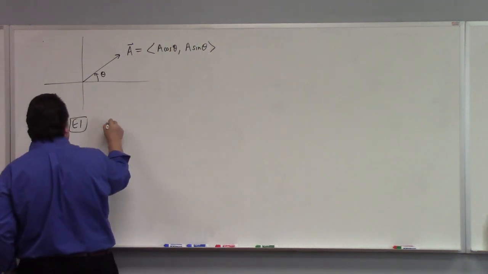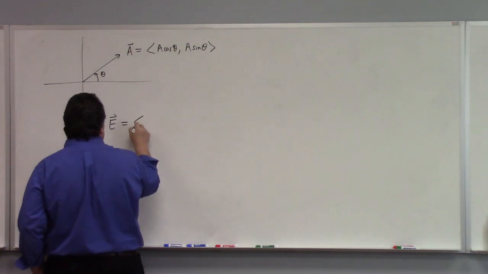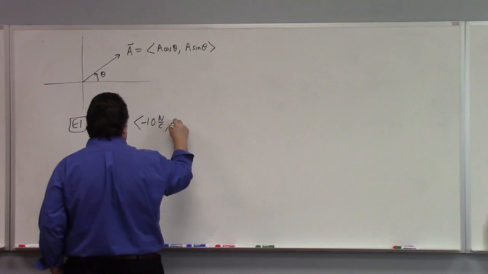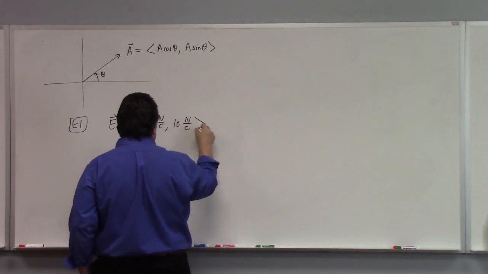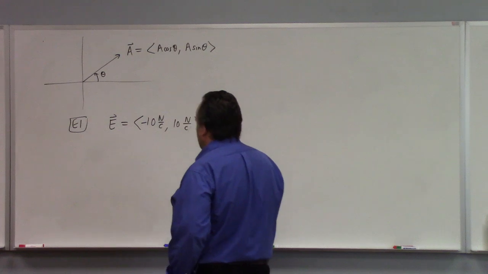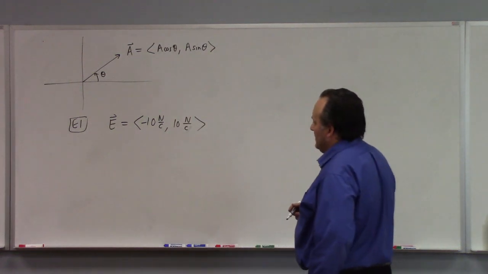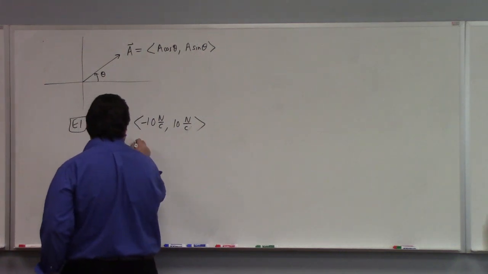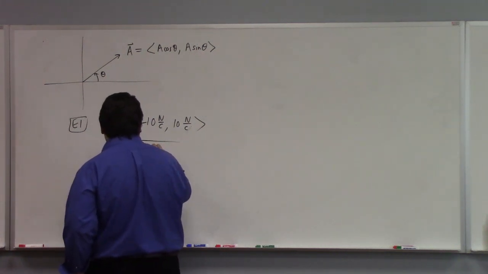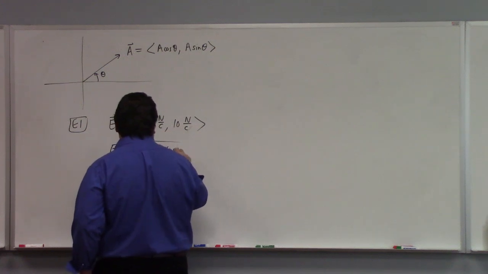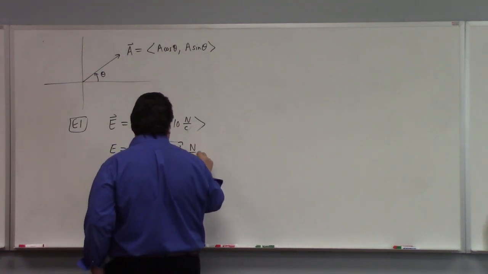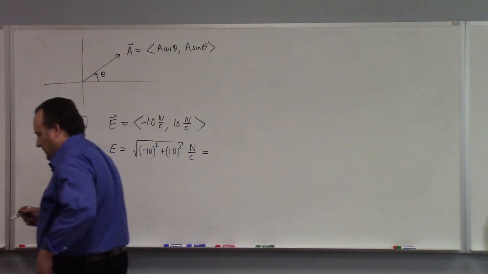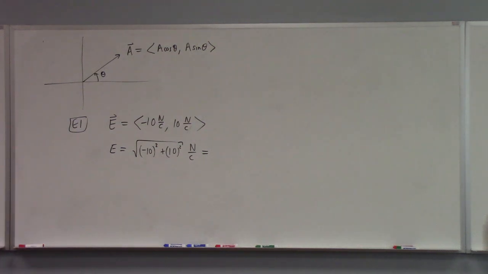Just to be specific here, suppose your electric field is minus 10 newtons per coulomb and 10 newtons per coulomb. What's the magnitude and standard angle of this electric field? So the magnitude would be the square root of minus 10, right? And the standard angle would be... give me a second here.